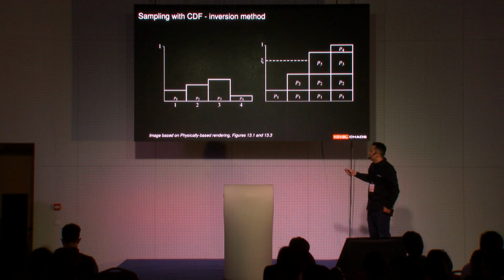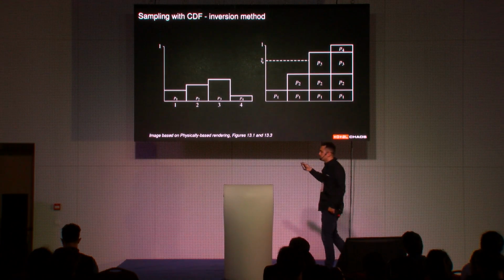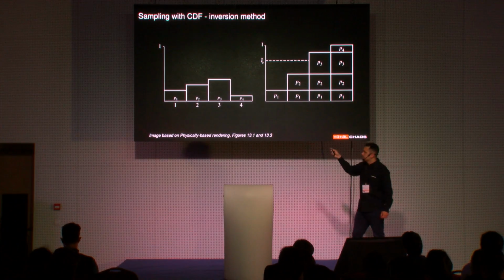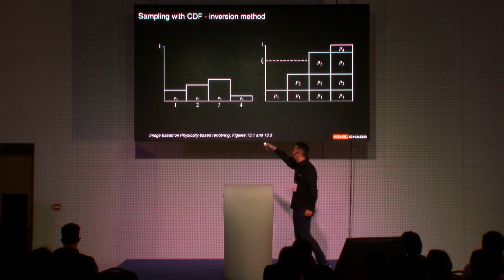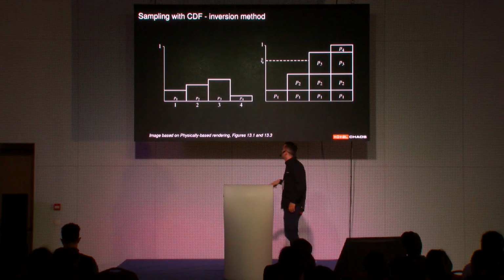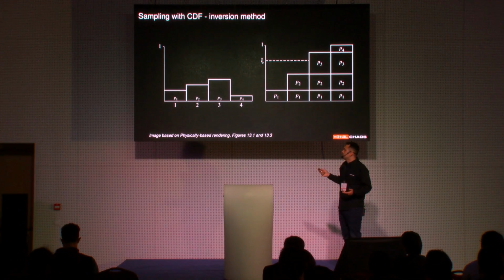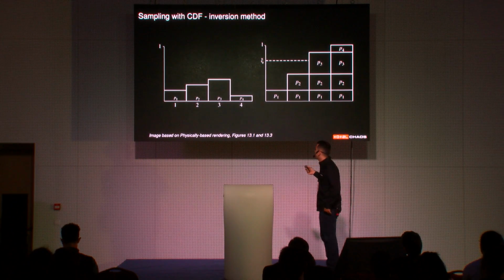If we have 4 events, 1, 2, 3, and 4, with certain probabilities P1 to P4, they sum up to 1. And we want a procedure which samples these events according to their probabilities.